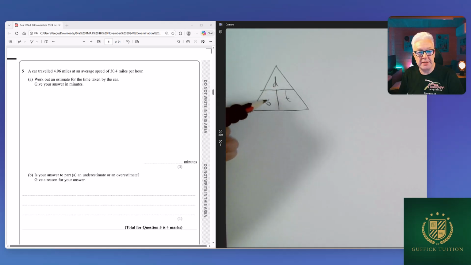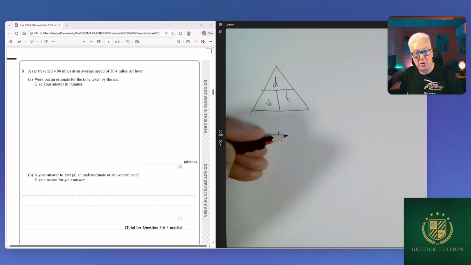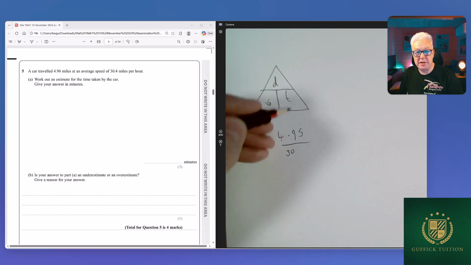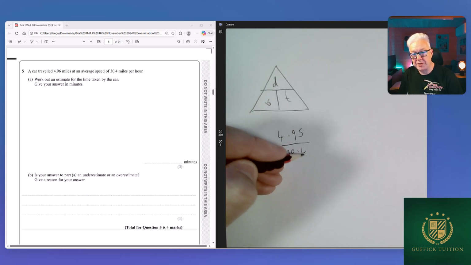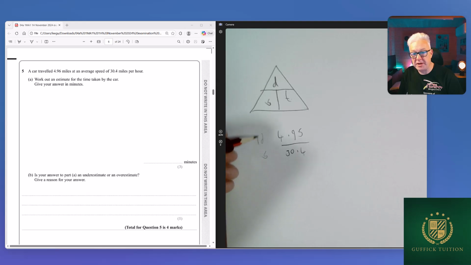Time is distance divided by speed. So the distance is 4.96 miles, and the speed is 30.4 miles per hour. So time is distance divided by speed.